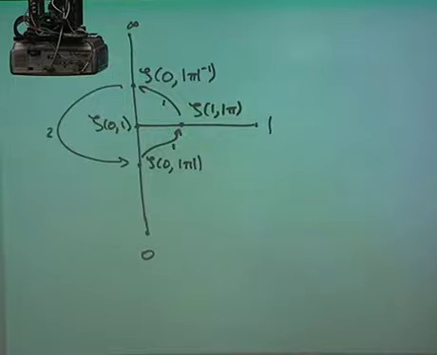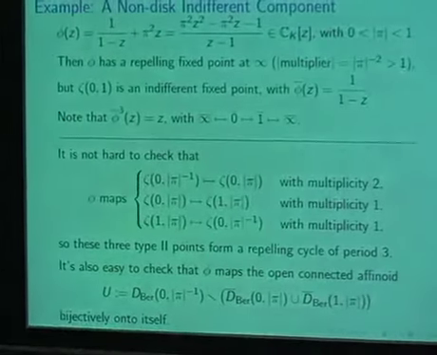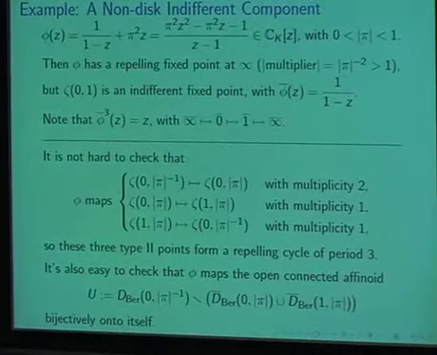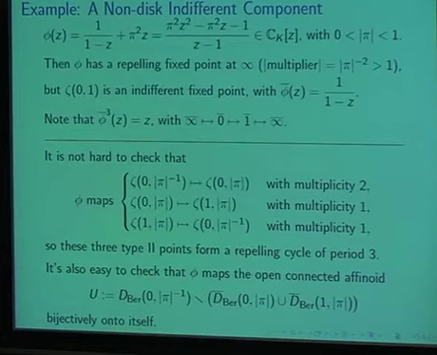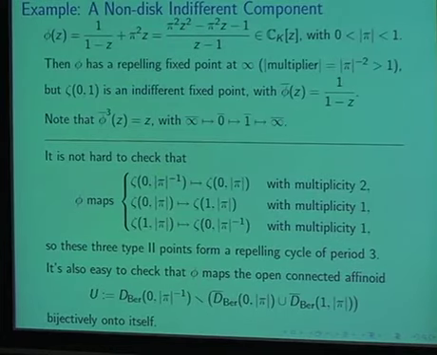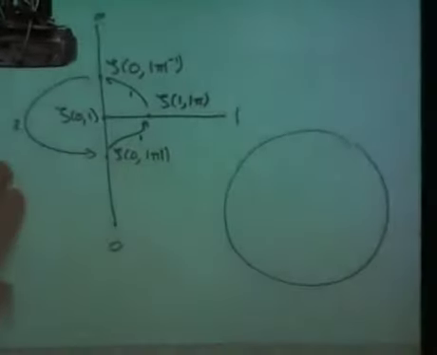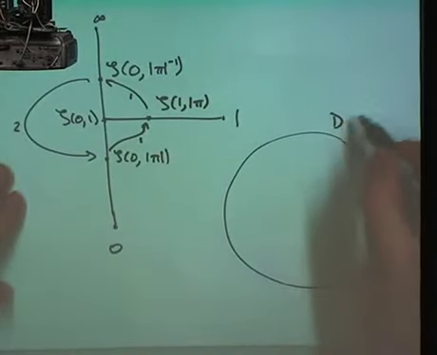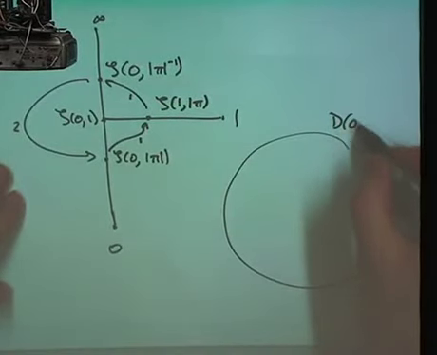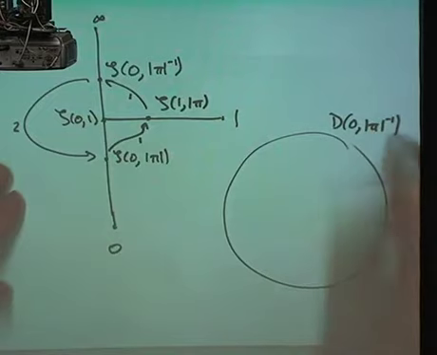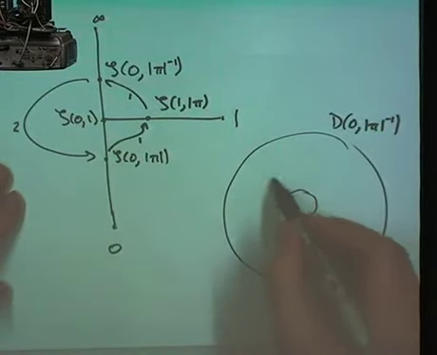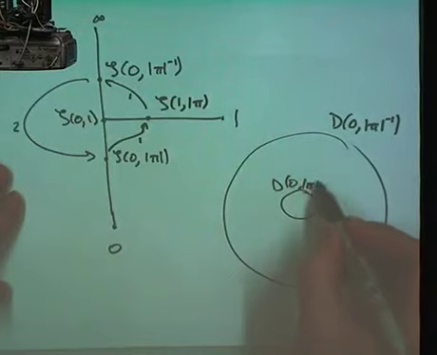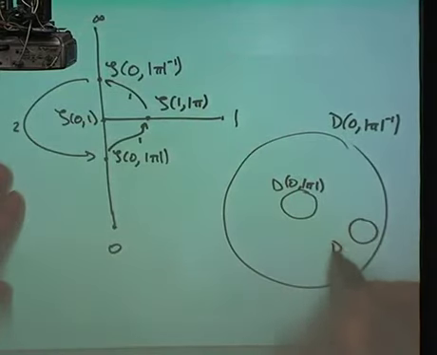Meanwhile, you can also check, wow, I called this easy? Okay, I shouldn't have called this easy. It takes a while to check, but again, it's straightforward to check that phi maps this crazy open connected affinoid to itself. So what is this open connected affinoid? The affinoid in question, this is now a drawing more in C_K, is the open disk of radius pi inverse, and punch out of it the open disk of radius pi centered at 0 and the open disk of radius pi centered at 1.